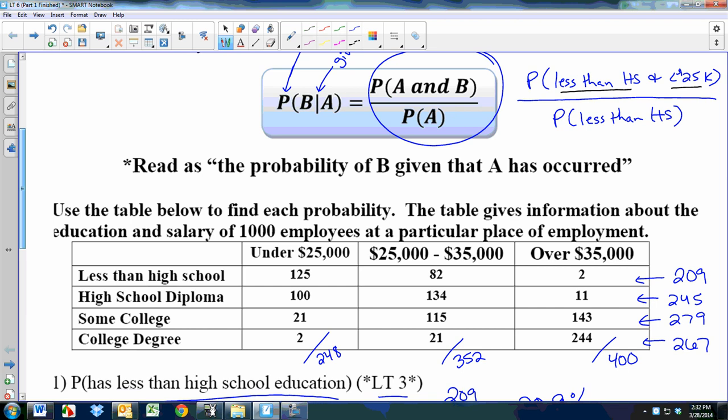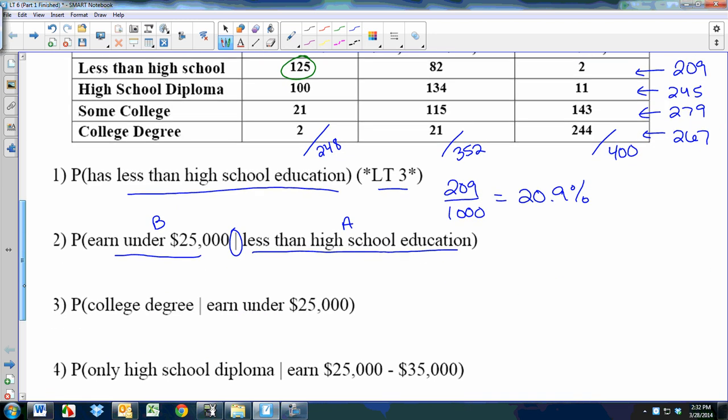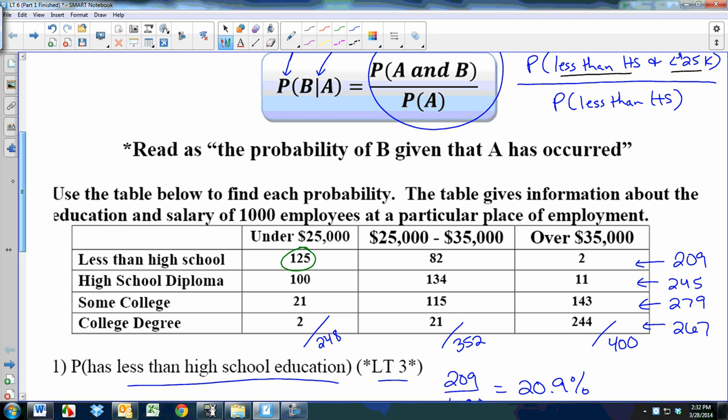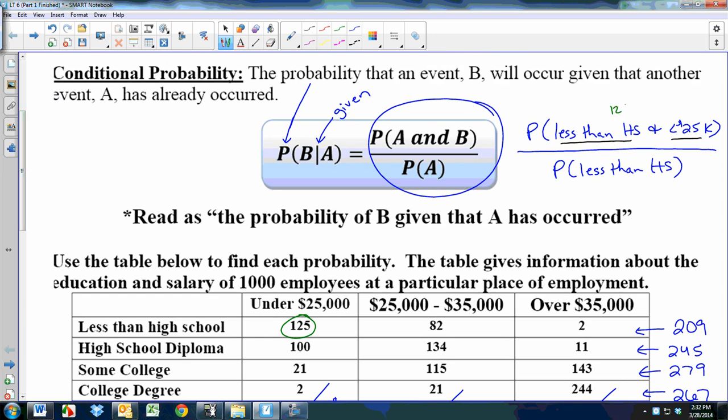That would be the 125 people in that box. So 125 out of 1,000. All right, that's the top of the fraction.